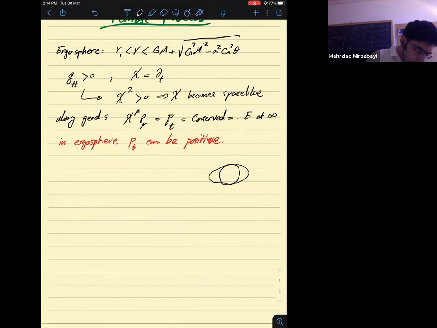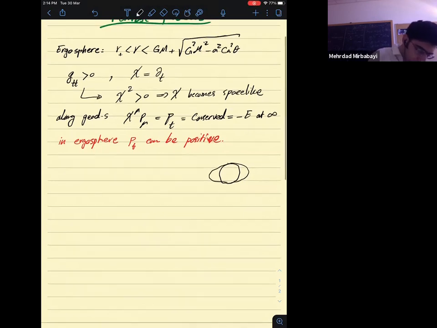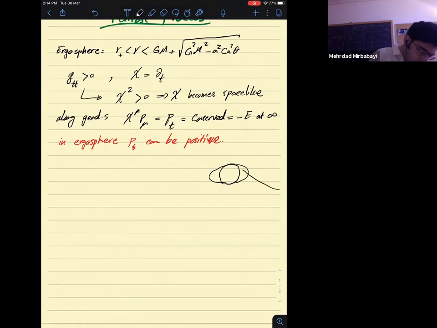So we can imagine a process in which we send a particle to the ergosphere from infinity. So particle A, and then this particle A decays into two particles, particle B and particle C, one of which falls into the black hole, the other one escapes to infinity.